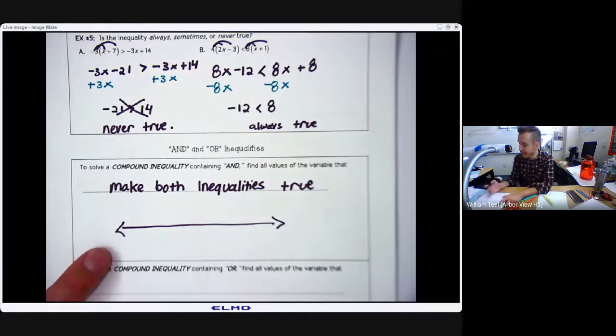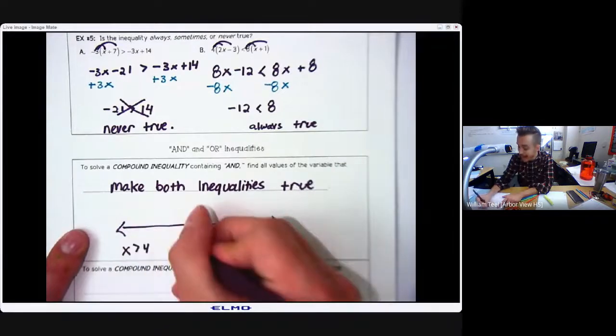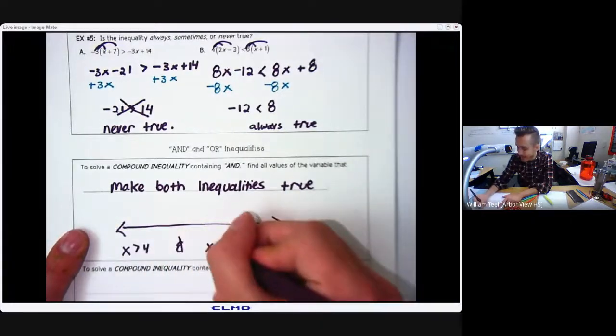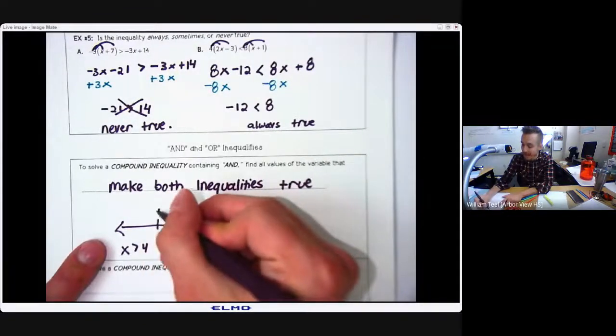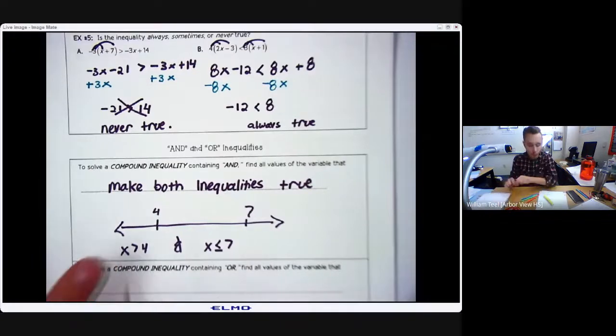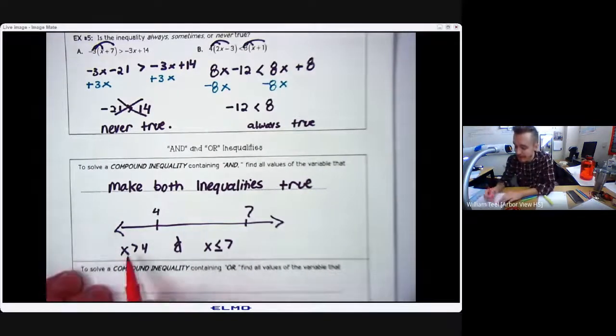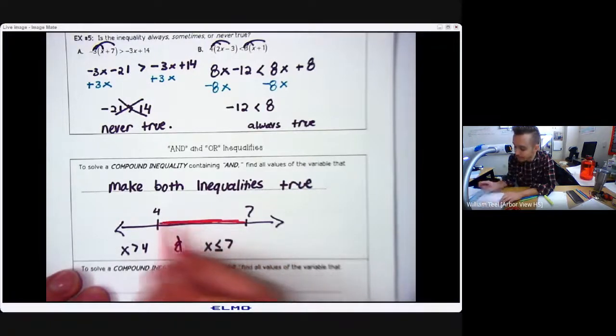So for example, if we had an inequality that said x is greater than 4 and x is less than or equal to 7, what's going to end up happening here? Let's say I have 4 right here and 7 right here. If x is greater than 4, that means that all of the values that are possible for x are going to be to the right of 4.